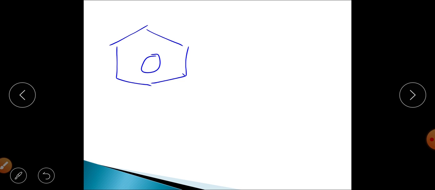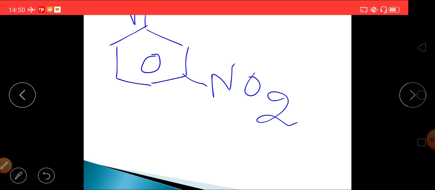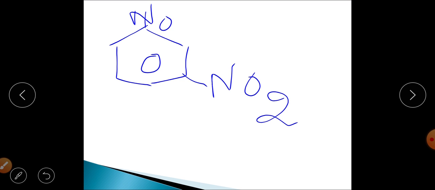Similarly, this is a case in which we are having two NO2 groups, and out of these two NO2 groups we want to reduce one of them. At that time, we will use a selective reducing agent, and that selective reducing agent is sodium polysulfide or ammonium hydrogen sulfide.